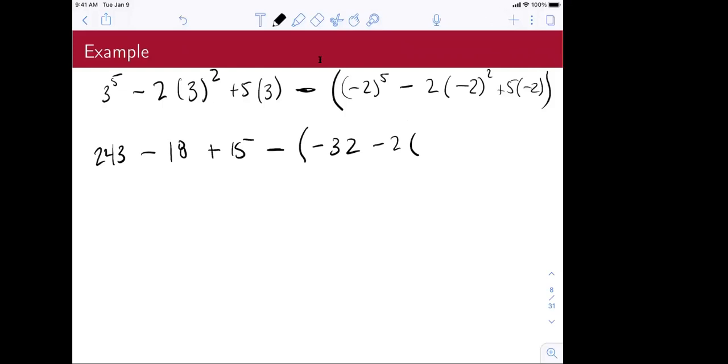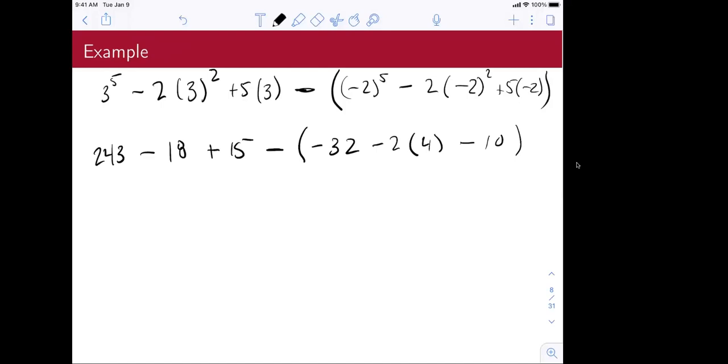4. Yes. Plus 4. Why is the last term of the question not considered an integration? It is an integration of a constant, but you can still use the power rule. So minus 2 times 4, and then 5 times minus 2 is minus 10. Okay. So this is going to be 243 minus 18 plus 15.